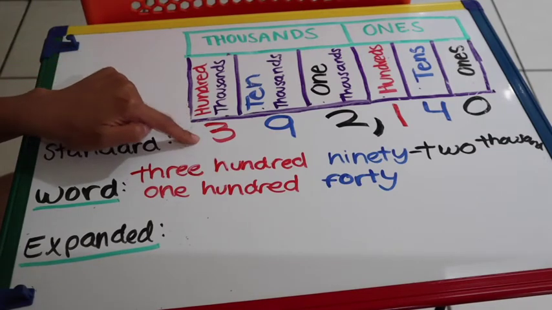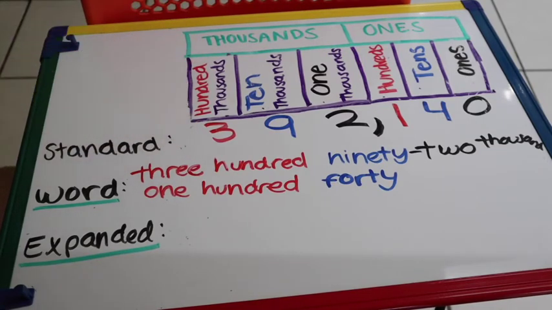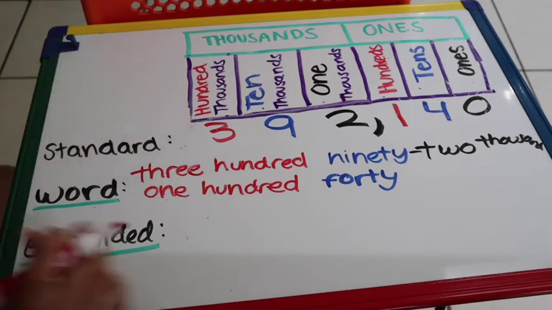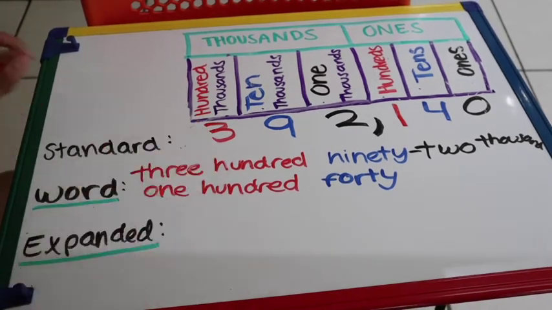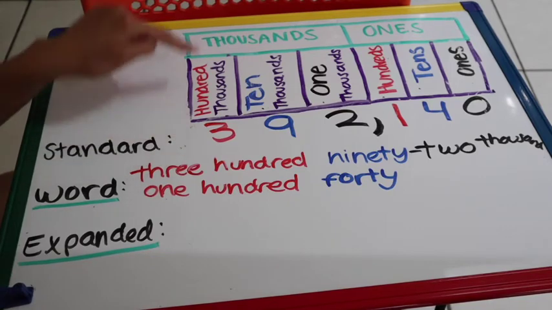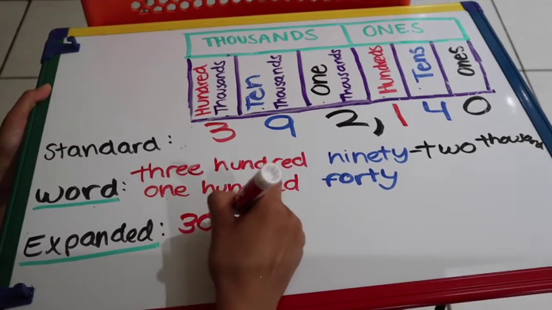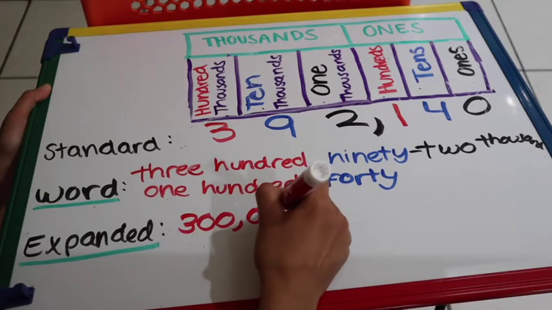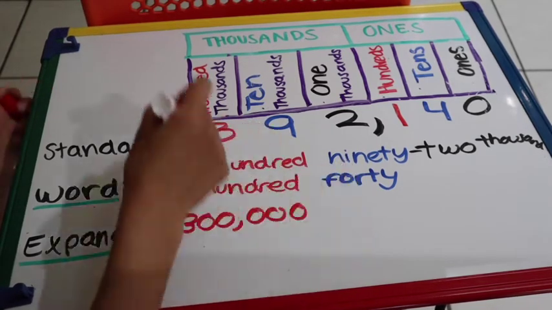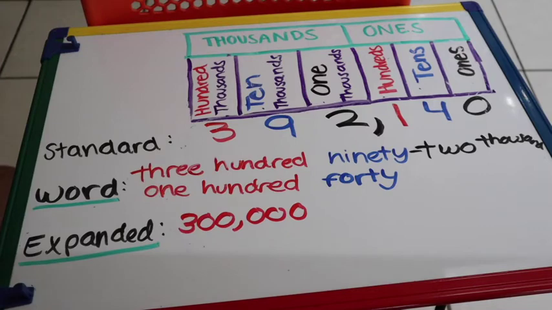Starting right over here, once again, in the hundred thousands place, I have 3 groups. So 3 groups of hundred thousands is going to equal 300,000. And now you can see why I've color-coded everything.